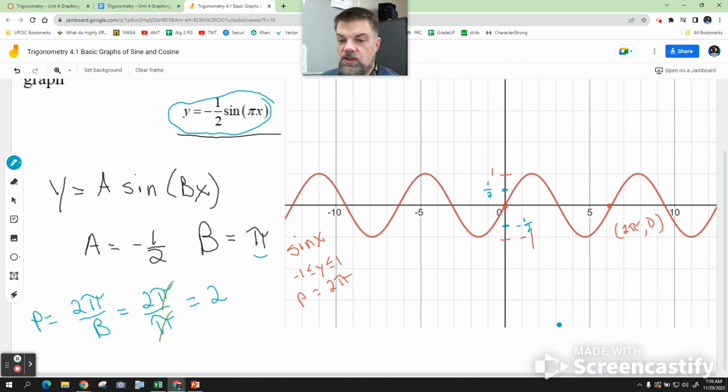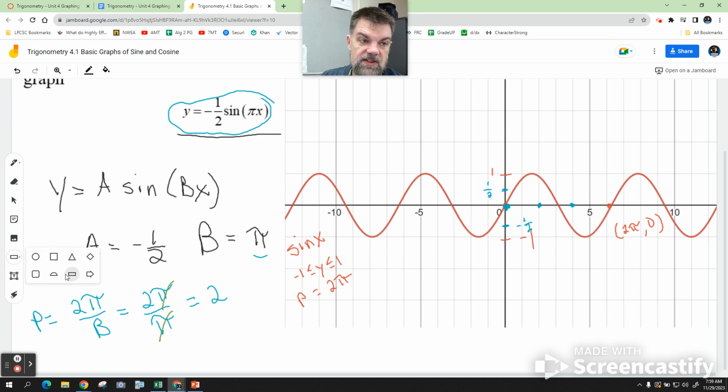So my first point is going to start here. But the period is only 2, so I have to complete that whole cycle by this next dot, which is 2. And then the cycle repeats again here. But I can't go over 1/2 or negative 1/2.